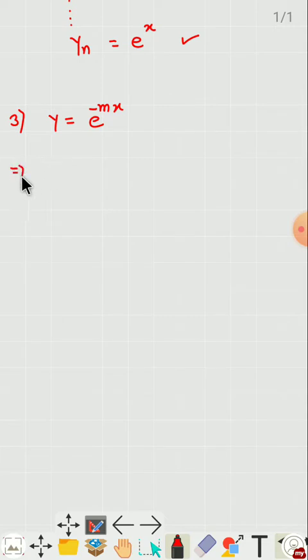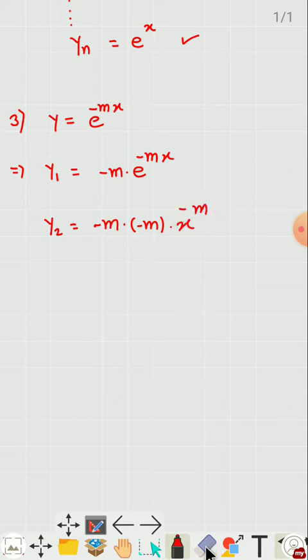So y1, the first order derivative, is minus m into e raised to the power minus mx. The second order derivative y2 is minus m into minus m into e raised to the power minus mx.